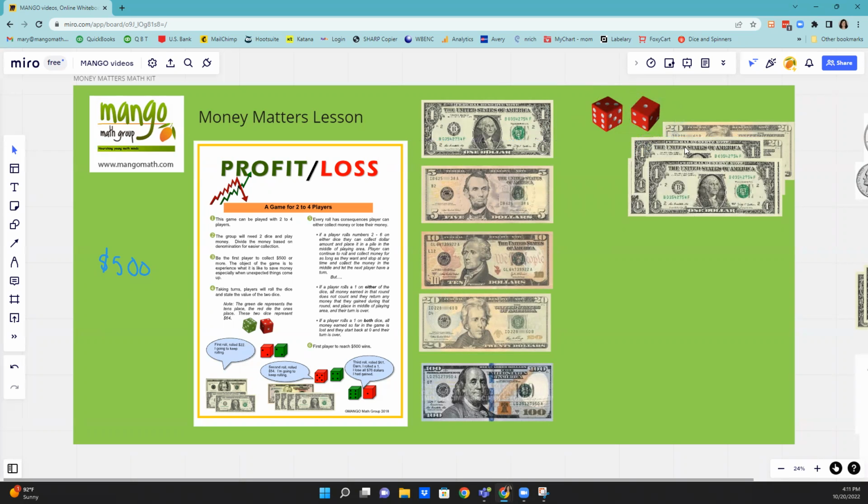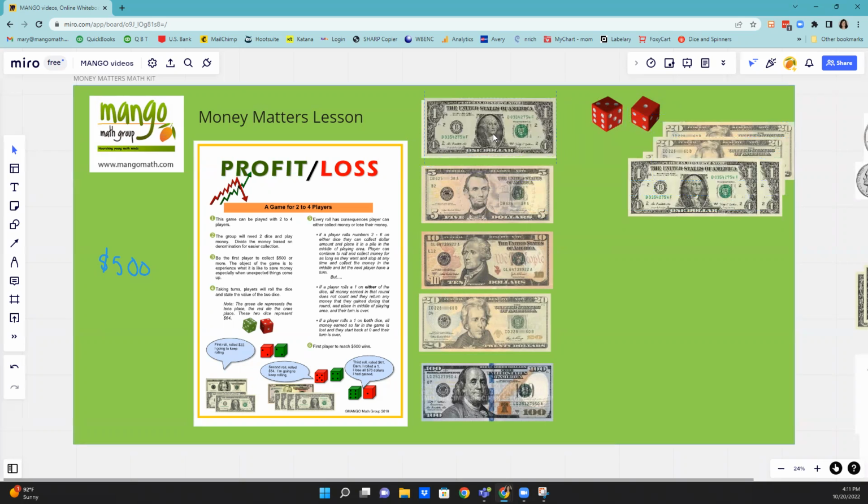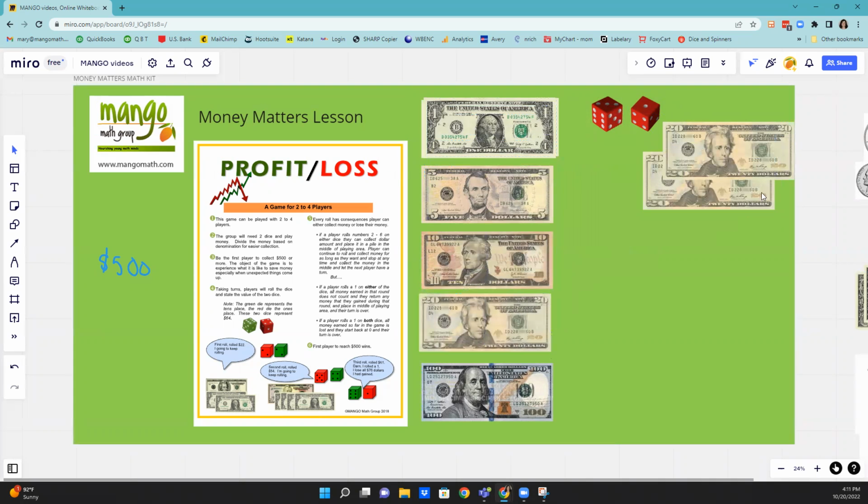Because they rolled a 1, they are going to lose all this money, and they have to put it back in to the bank. So they have no money now, and the play goes on to the next person.